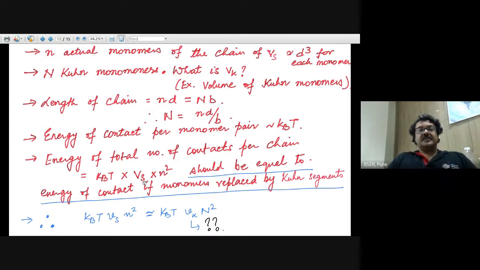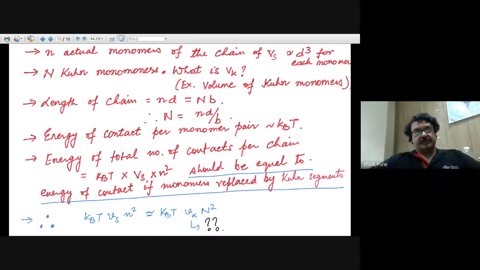So kBT into Vs into n square should be equal to the energy of contact if the monomers are replaced by Kuhn segments. Right? For convenience, or to do the physics, you may want to describe it in Kuhn segments, but the energy cannot change.